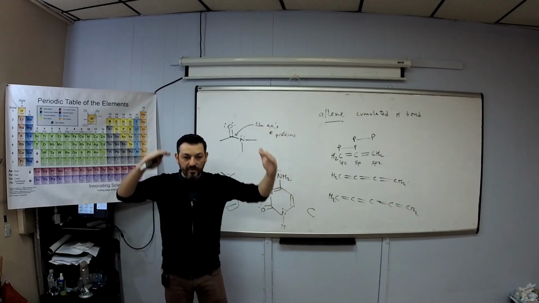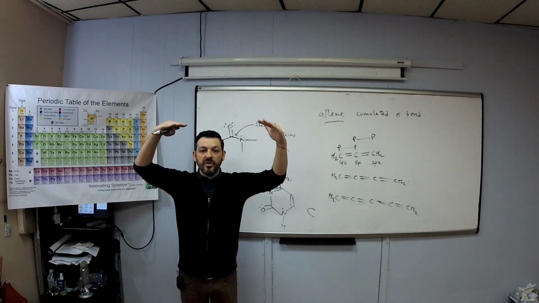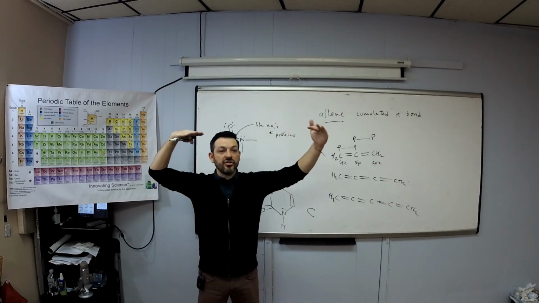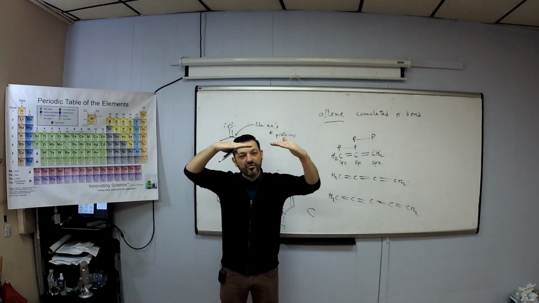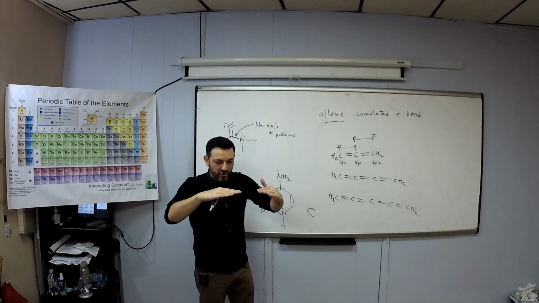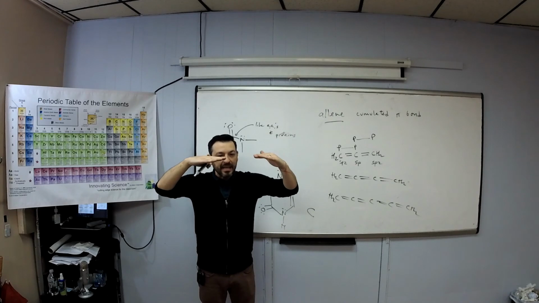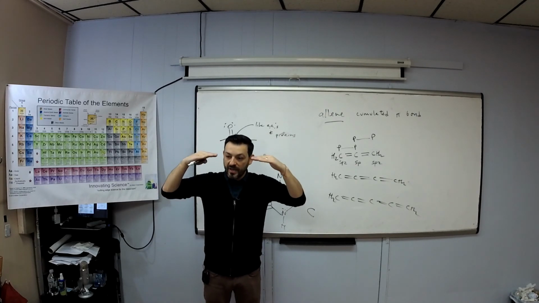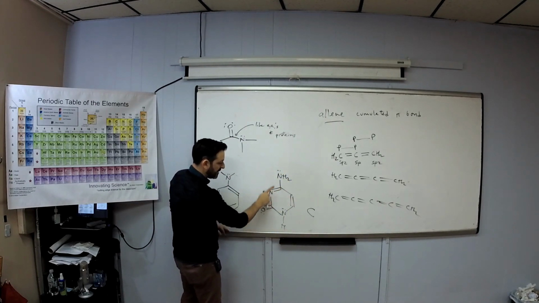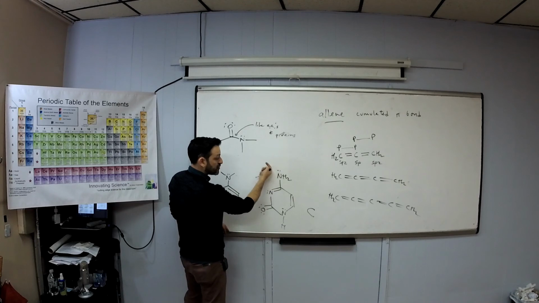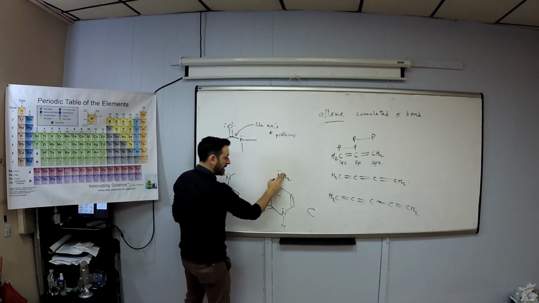What's important? Have you ever seen a DNA double helix? A DNA double helix has two strands, and each of them have hydrogen bonds across, and if you look at how the nitrogenous bases are hydrogen bound to each other, they're very flat planar, right? And if they're very flat planar, that tells you that they're sp2 hybridized. What's the point? This whole thing is flat planar, and this nitrogen is hydrogen bonding to the other side.